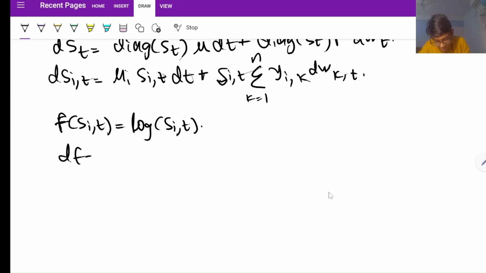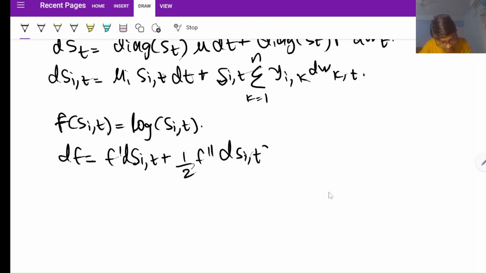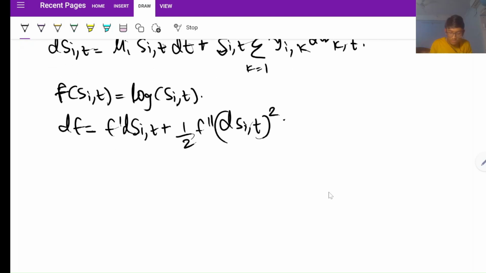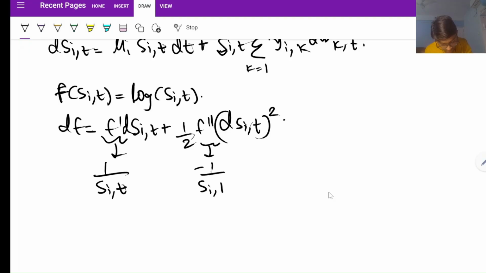So what would df be? df would be f dash dS_i,t plus half of f double dash dS_i,t squared, right? Now f dash is simply 1 over S_i,t, because f of S_i,t is equal to log S_i,t, and your f double dash will be minus 1 over S_i,t squared.